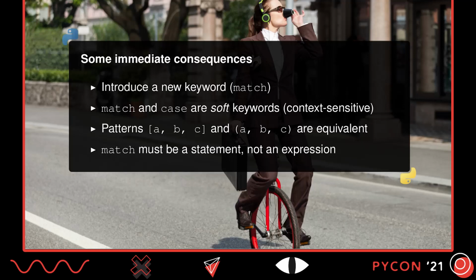And finally, although pattern matching is in most cases used in functional languages where everything is an expression, in Python, match must be a statement, as must the different case things, as Python is fundamentally a statement-oriented language, not an expression-oriented one.